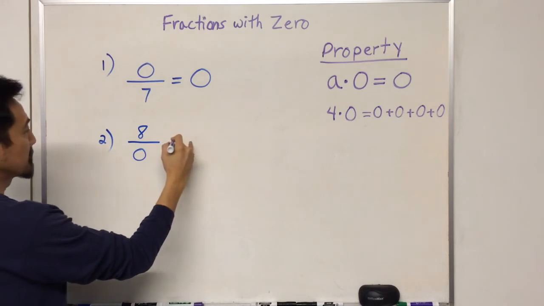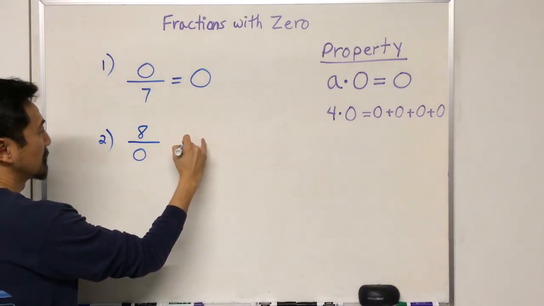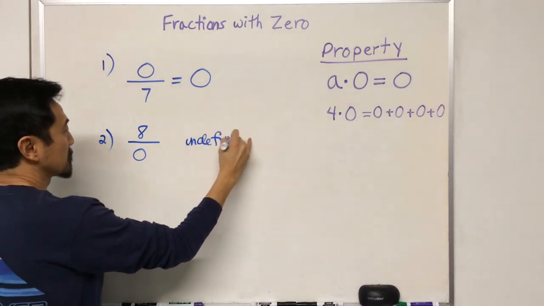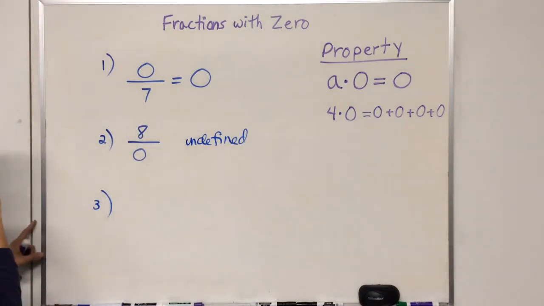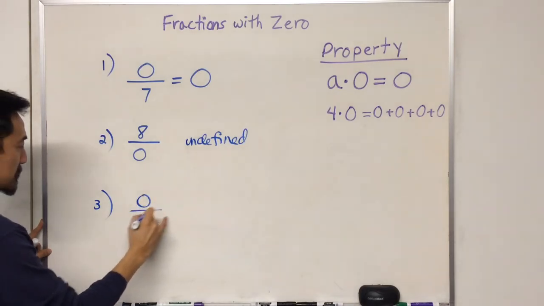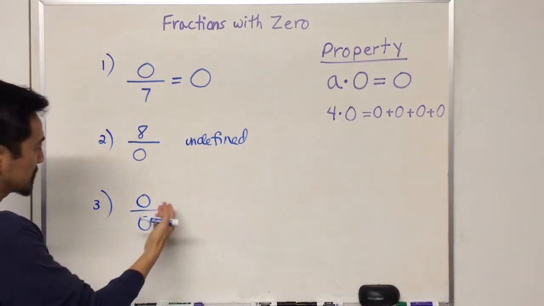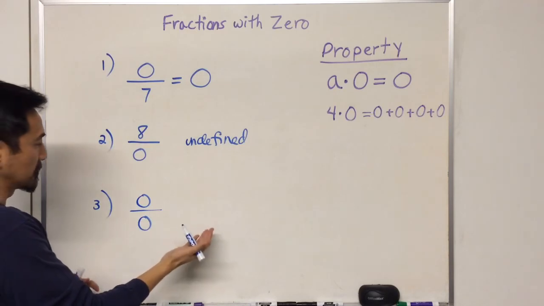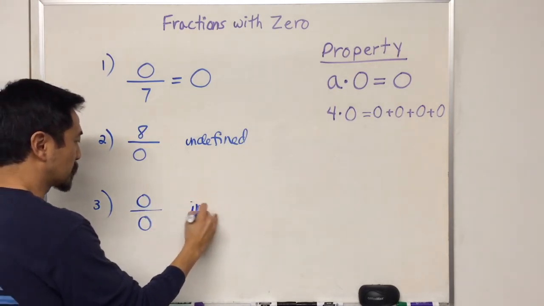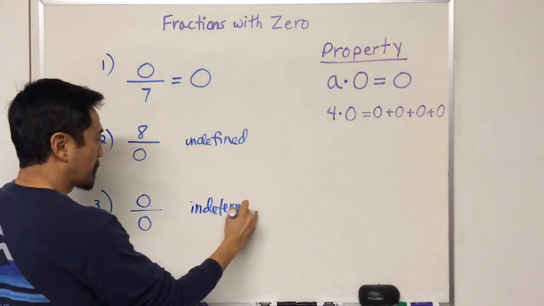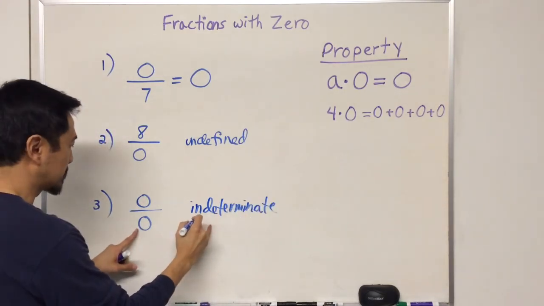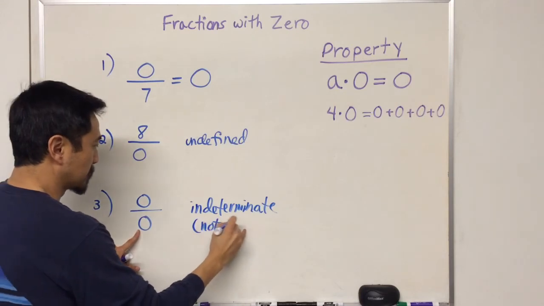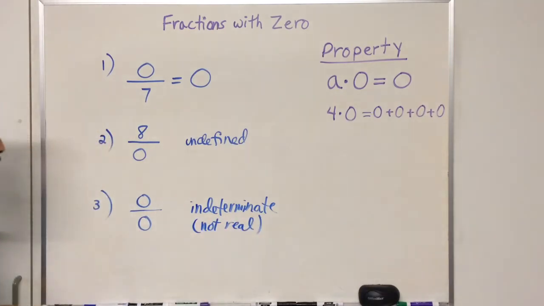And we did not get a real number for this, okay? We said that this fraction was undefined, not satisfied by any real number. And then the third and last case was 0 over 0, which was not satisfied by any one single number, and then we said that that was indeterminate. Okay? So we can also just say that 0 over 0 isn't producing a single real number. Okay? All right, I hope that that helps.